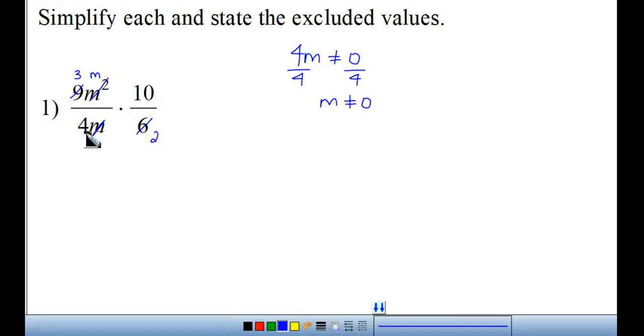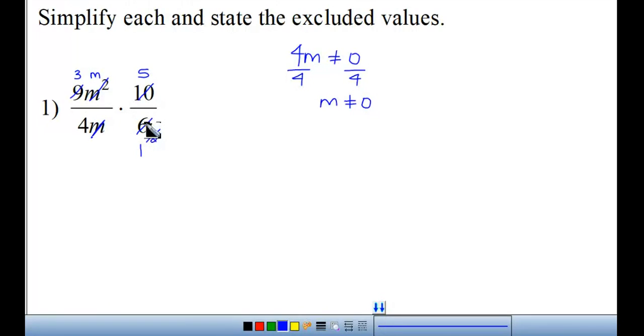Now, I could cancel the 4 with the 10, or I could do 2 with 10. Either one will work. I only am going to choose one of those options, though. I'll do the 2, divides into the 10, leaving 5. Now remember, when part of our problem completely goes away, it's not gone like 0. When everything cancels out, it still leaves a 1 in that location.